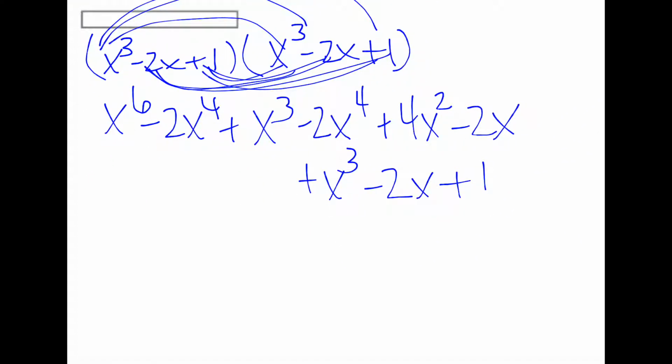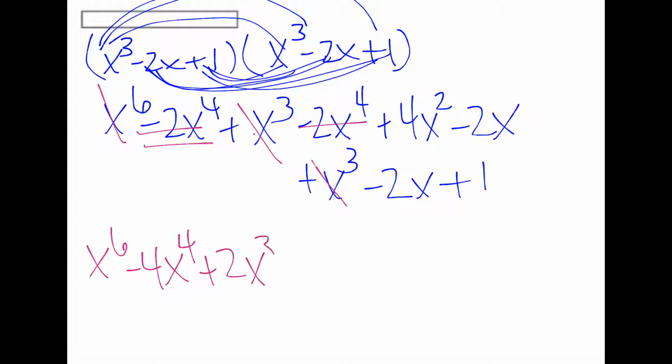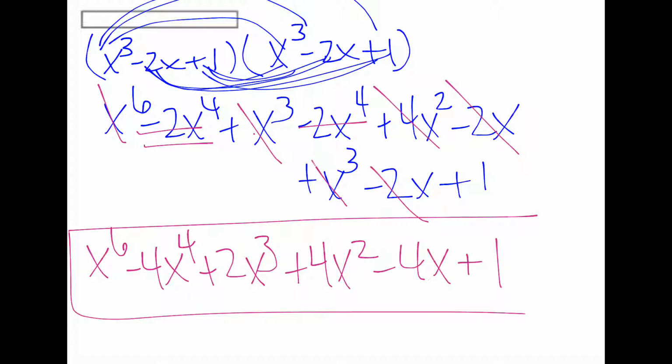So that would leave me with x to the 6, negative 4x to the 4th, 2x cubed, 4x squared, negative 4x, plus 1. Hopefully I didn't make a mistake. If so, I'm sorry.